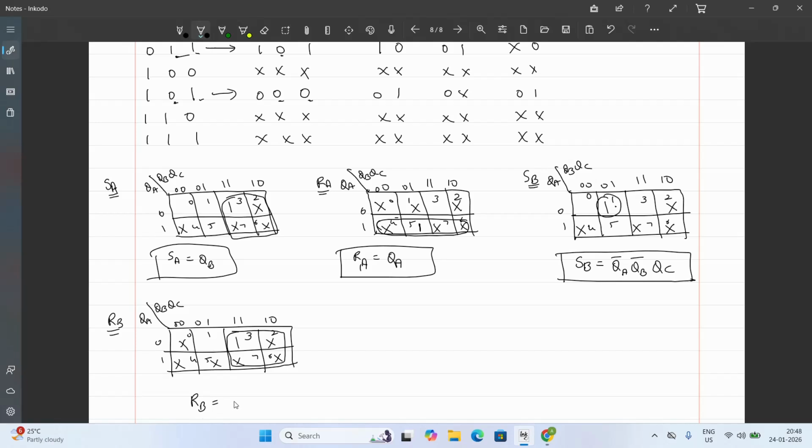Then RB is equal to QB. Again, for SA and RB, you're getting the same answers.